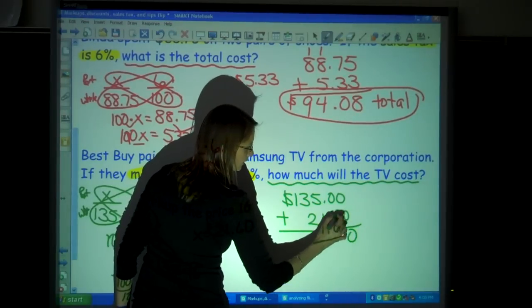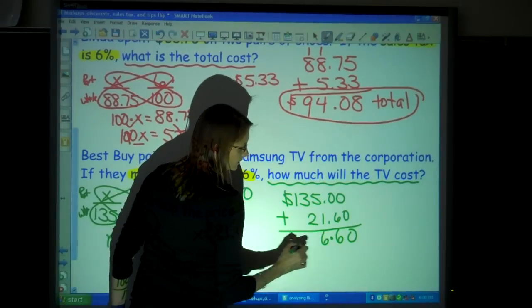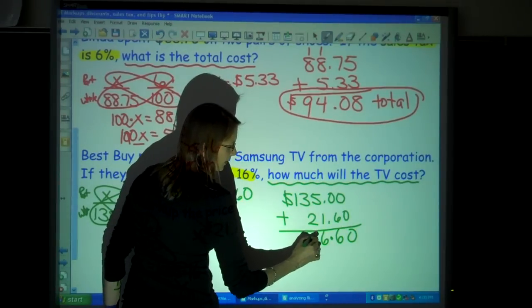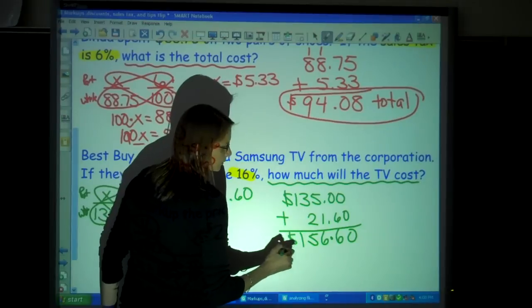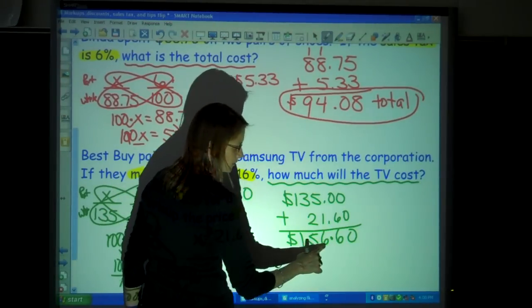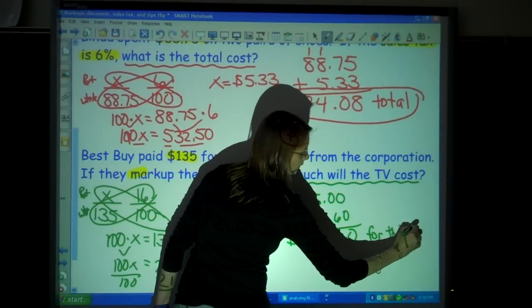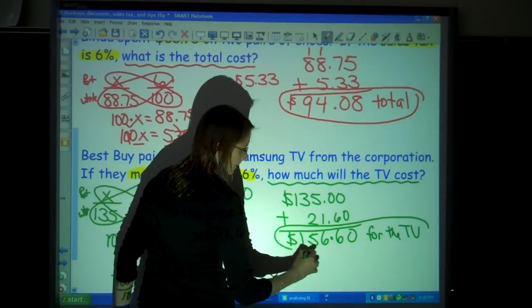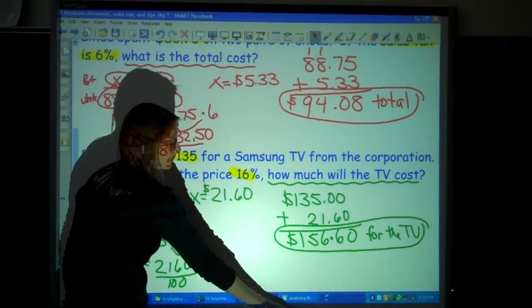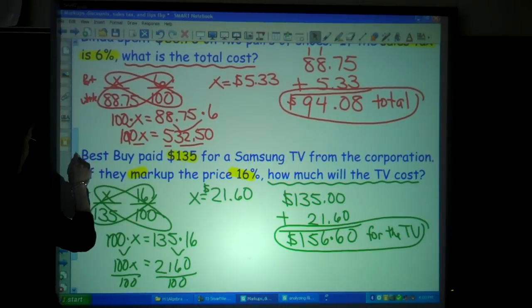You may use your calculator. 0, 0. 0 plus 6 is 6. 5 plus 1 is 6. 3 plus 2 is 5. Bring down my 1. So the TV will cost $156.60 for the TV after Best Buy marks it up. They probably mark it up more than that, but that's what our example is telling us.